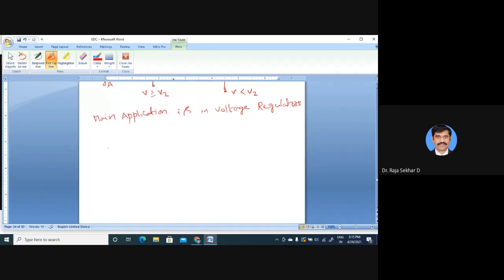So what is the circuit for the Zener diode? This is the load resistance RL. This is R, and this is the input voltage VI.